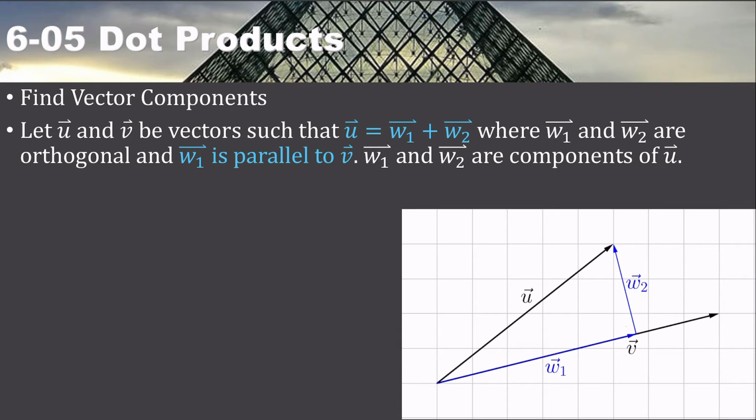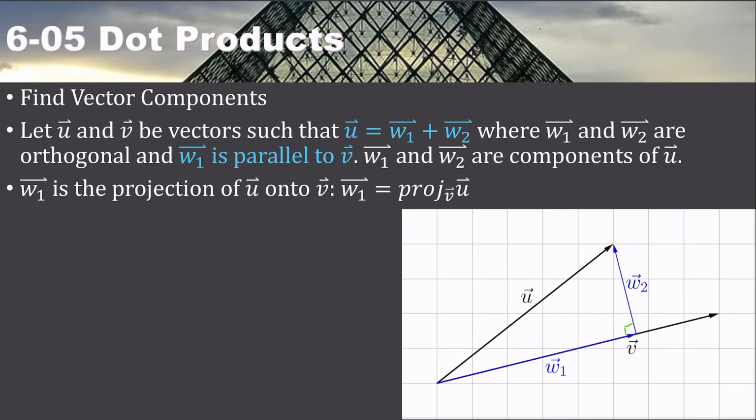If that's the case, we'd say w1 and w2 are components of vector u. So you can see on the picture the two blue vectors, they're perpendicular and orthogonal, and they make up vector u. So they're components of vector u.